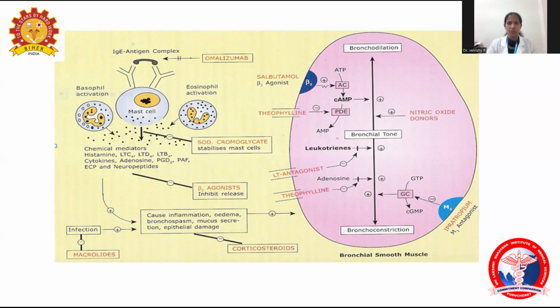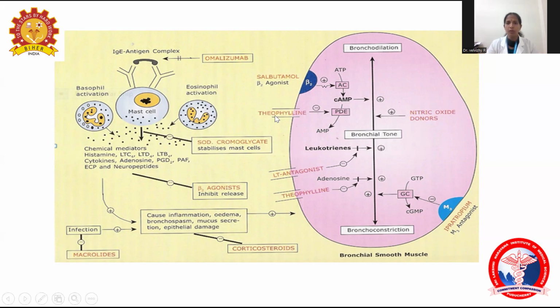There will be rupture of the mast cell, and once degranulation occurs, it releases inflammatory mediators like histamine, leukotrienes, prostaglandins, cytokines, adenosine, neuropeptides. These inflammatory mediators stimulate inflammation, edema, bronchospasm, and aggravate the bronchial asthma.